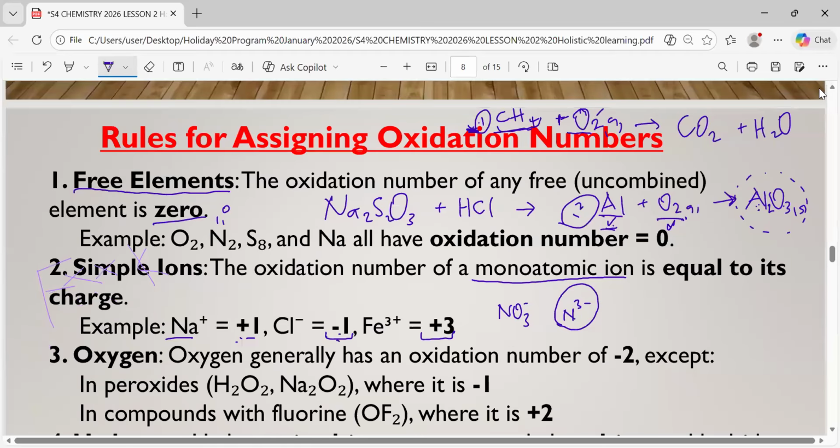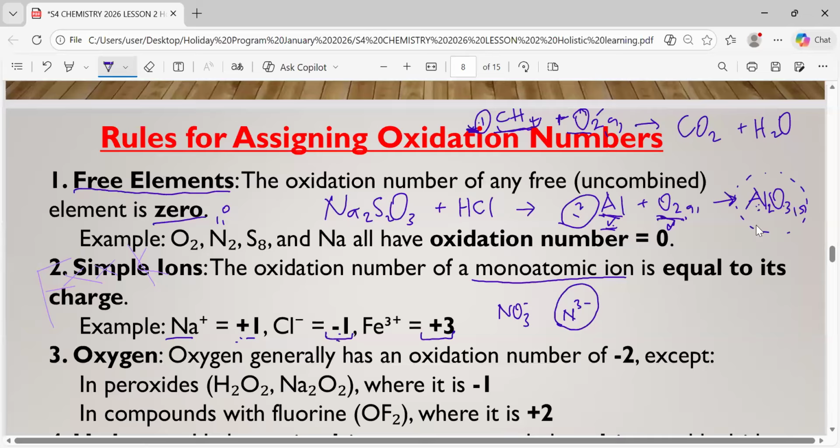So we have been on the first point where we say that the oxidation number of any free or uncombined element is 0. We have been trying to explain what a free element is. A free element is one which is not combined with any other; it is just that element alone. We gave an example of equation 2. Here, aluminium is alone. It is combining with oxygen, which is also alone, which means aluminium and oxygen are free elements.